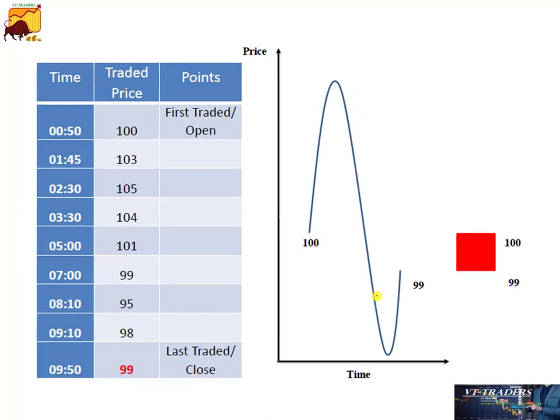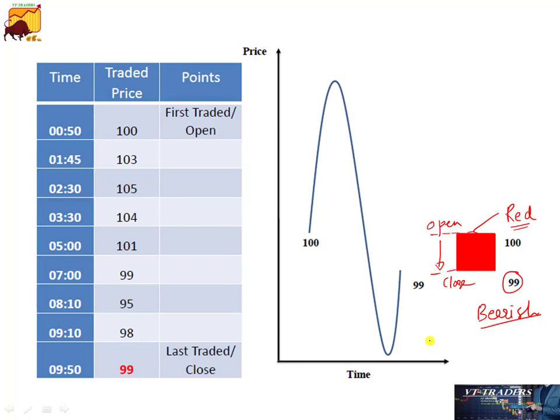The open price is 100 and the close price is 99, which is less than 100. So the price is moving downward from the open price. That's why the candle shows in red color. So it is called a bearish candle.